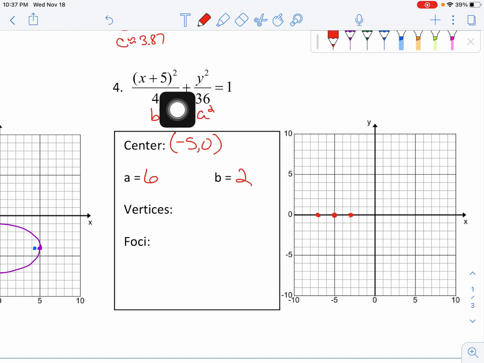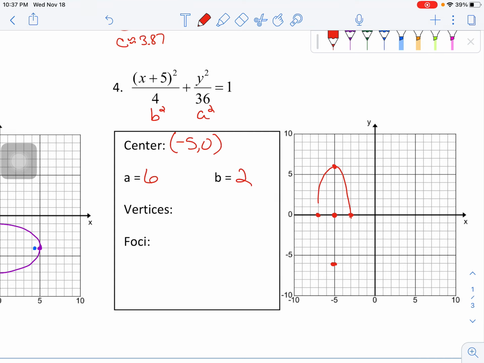There's my 2. Okay. And then underneath my y, I had 36, which translates into 6. So I need to count up and down 6 units from that center. So 6 up, 6 down.